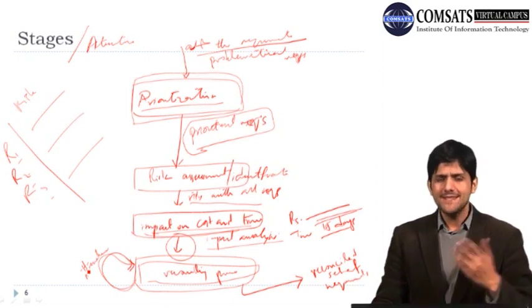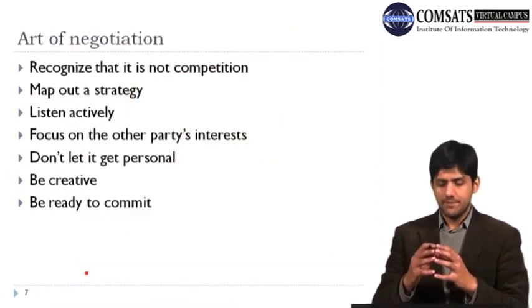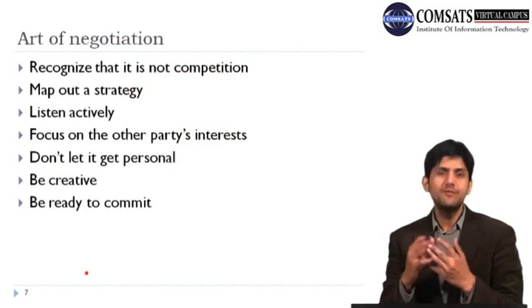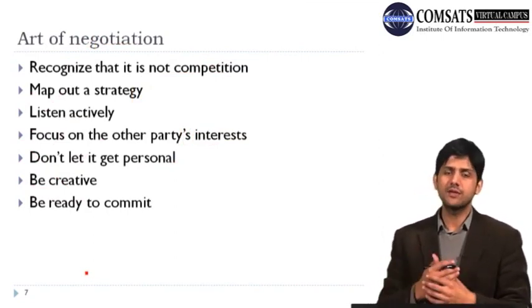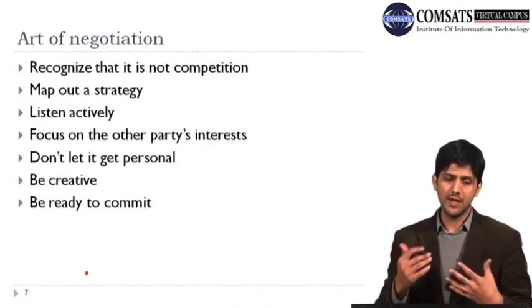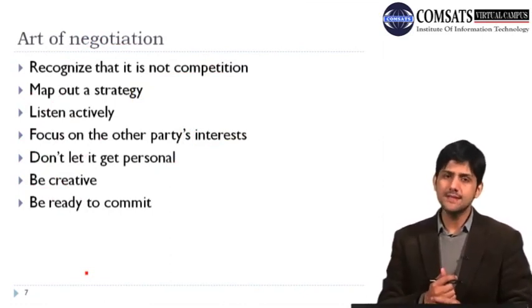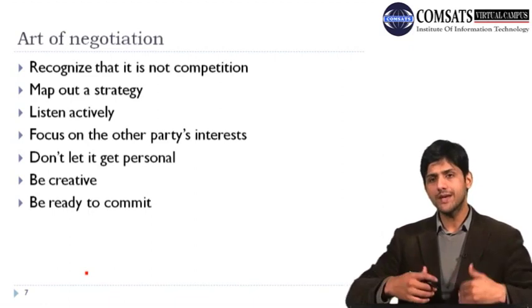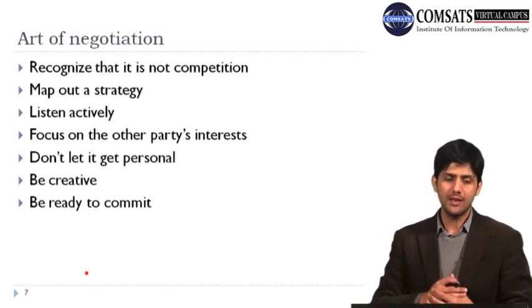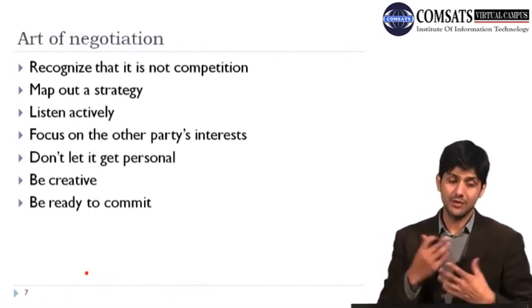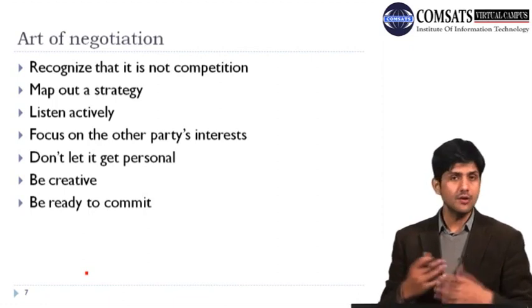As I said at the start of the lecture, negotiation is believed to be an art. We are trying to make it a science by identifying the process and the different activities. But there are a few things you need to adopt in order to become a good negotiator. The first thing you need to know when you go to negotiate with anybody, specifically your customer, is that it's not a competition.